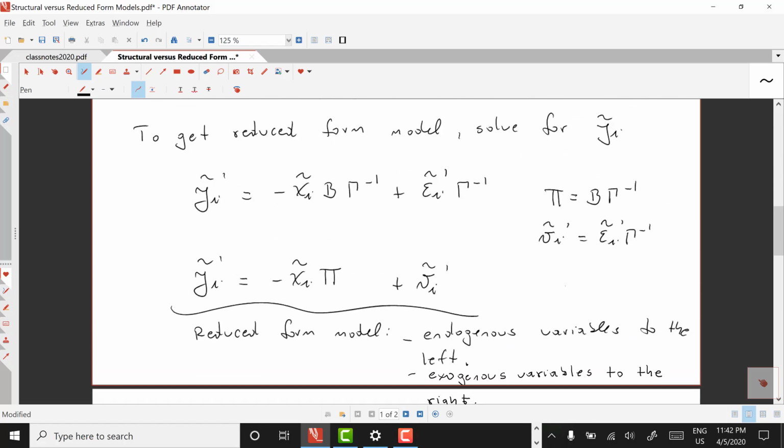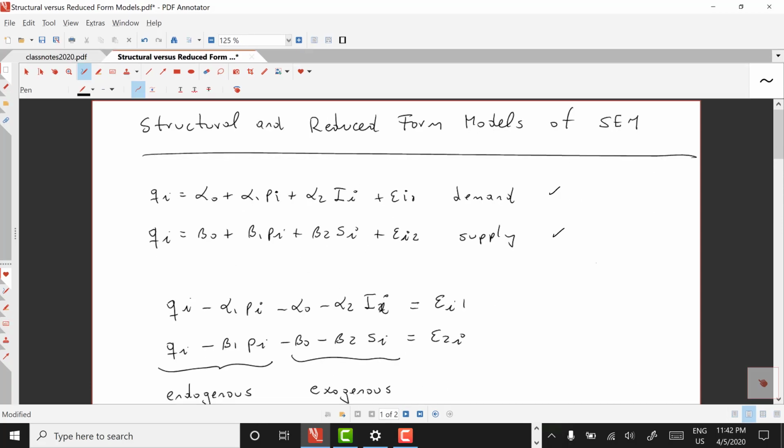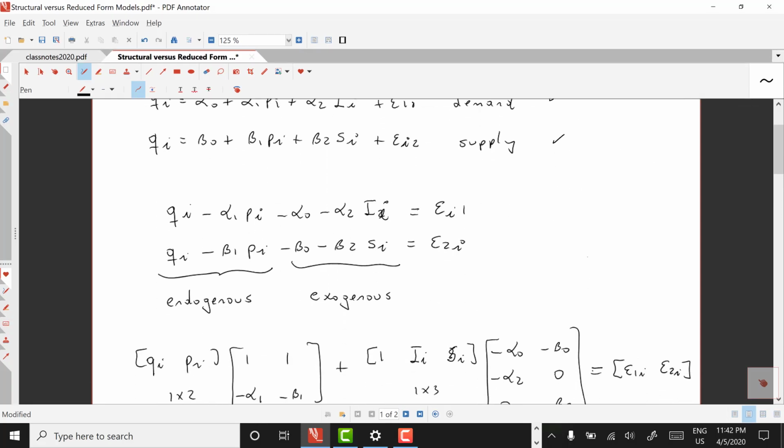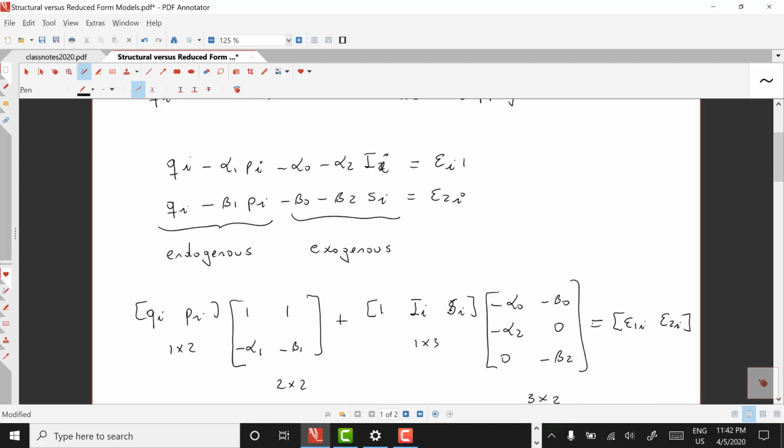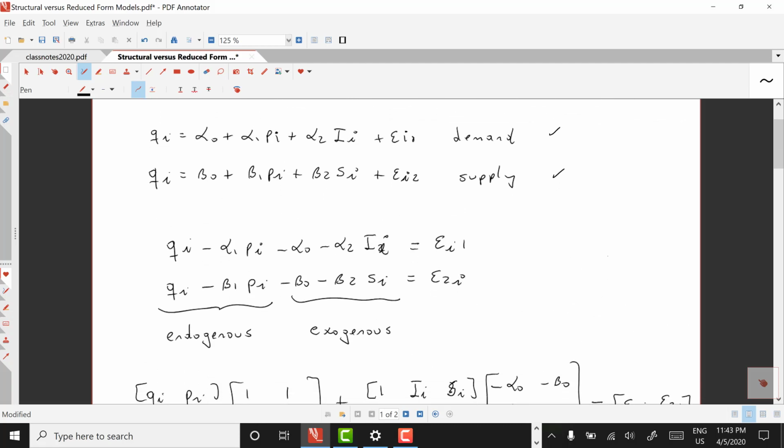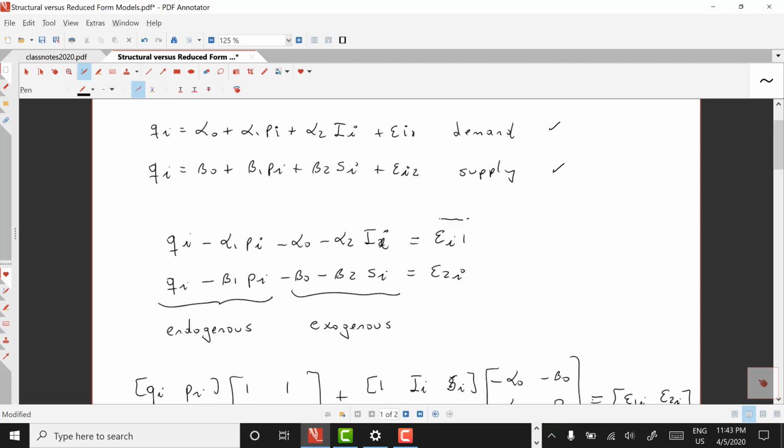And we can go from this structural form to what are called reduced form models. In order for us to do that, we rewrite our equations. Basically, what I did is move all of the variables to the left, except the error terms; everything else for both the demand and supply equation I moved to the left.